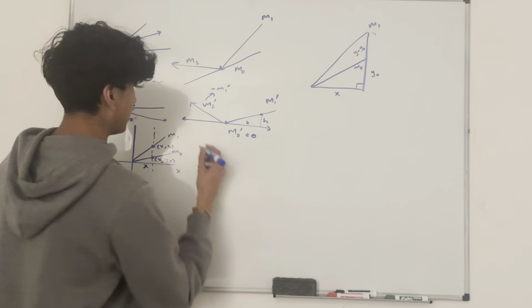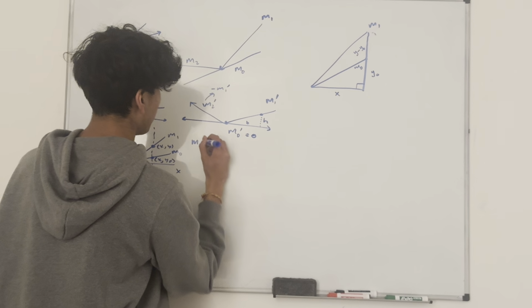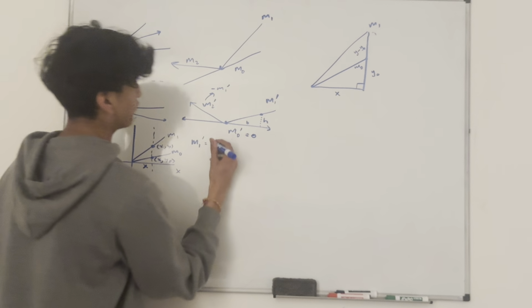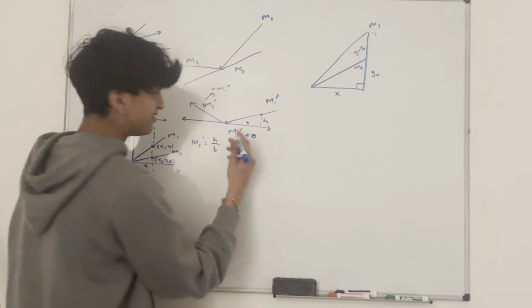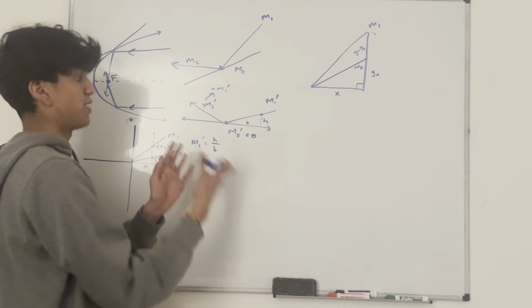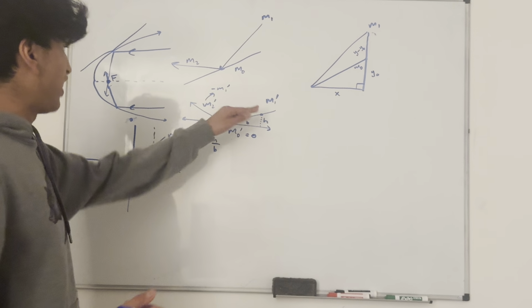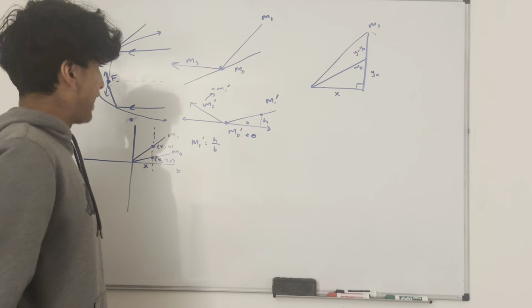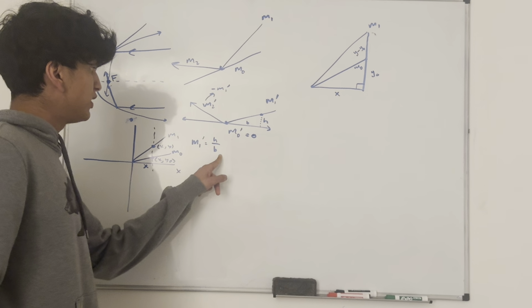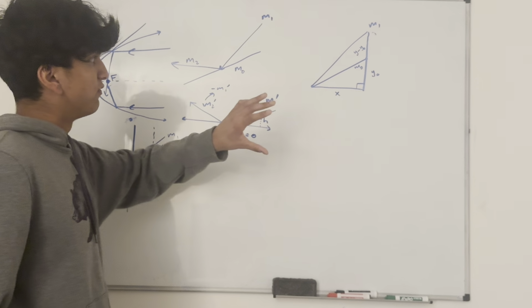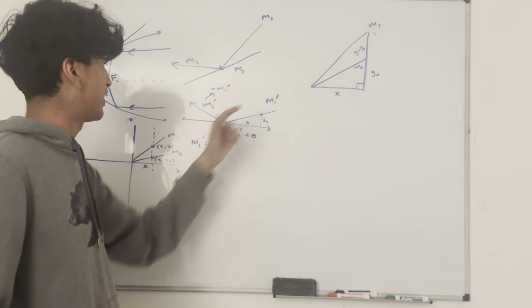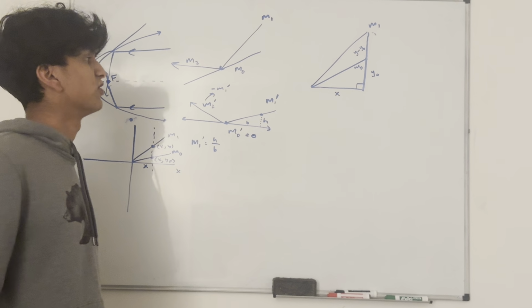So I know at the end of the day, M1 prime is just going to equal H over B, right? My reoriented slope, I can call that M1 prime equal to H over B. Rise over run. So I just need to find H and B in terms of this stuff, and then I can find M1 prime in terms of our slopes.